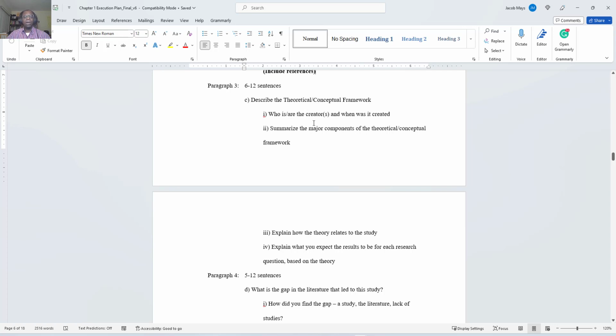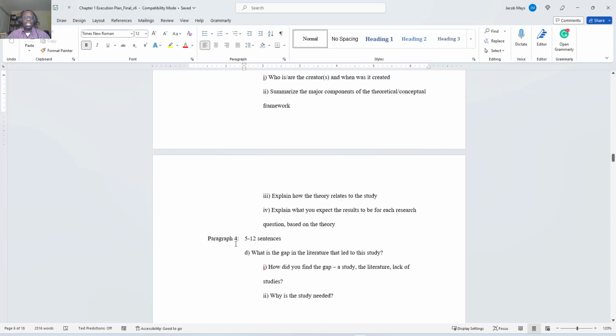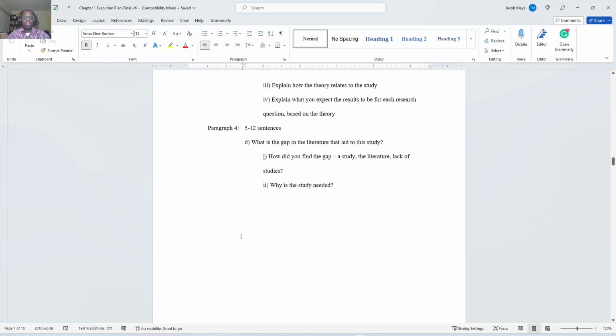Now, if you have more than one conceptual framework or theoretical framework, then you would use a paragraph for each one. So, say if you only had one, you use paragraph 3 to discuss your theoretical or conceptual framework. If you're using more than one, you would use paragraph 3 and 4, say if you had 2. And then this one would become 5, and so on and so forth.